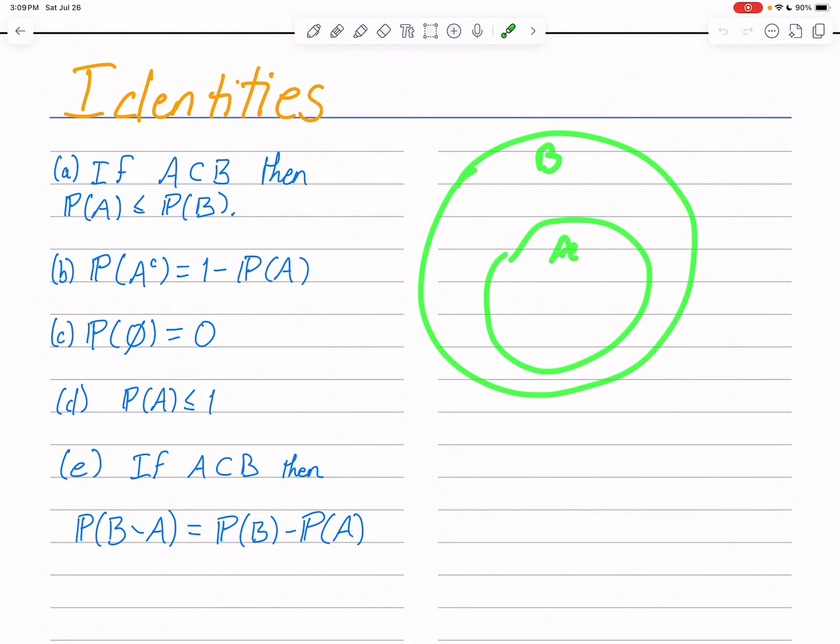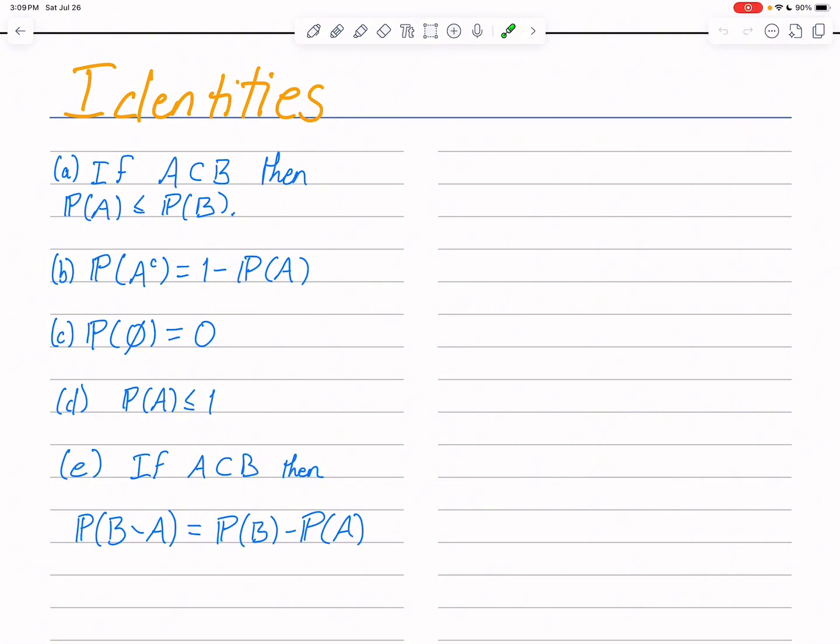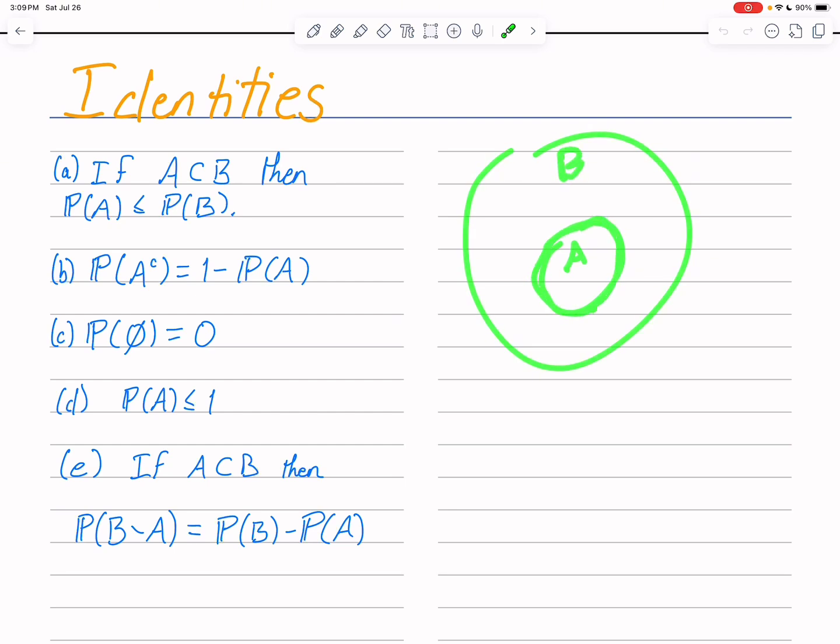So, you wouldn't draw the Venn diagram this way, because if A is over here and B is over here, it would suggest that some portion of A might be outside of B. But that's not what we're dealing with, right? We're dealing with this picture where A is the smaller set. And so it seems to make sense that this visually smaller set should have a smaller probability. And we'll prove it rigorously.